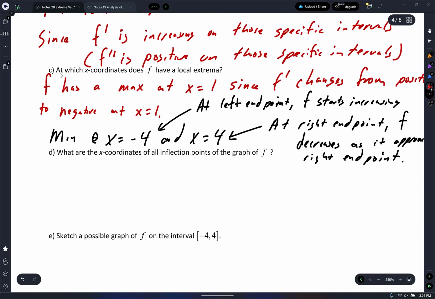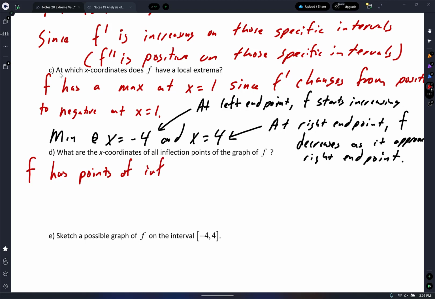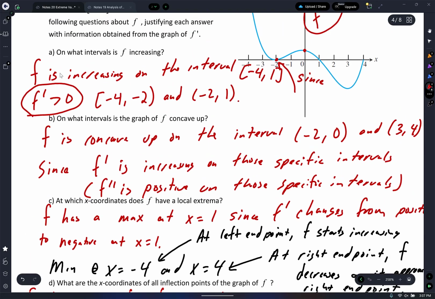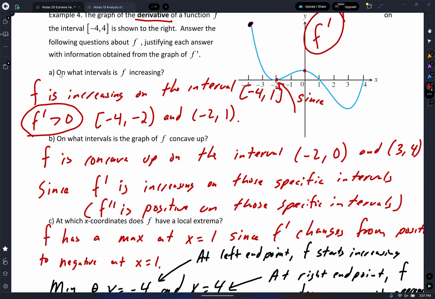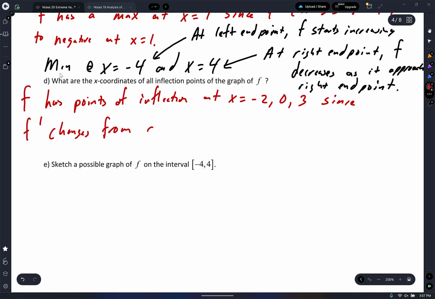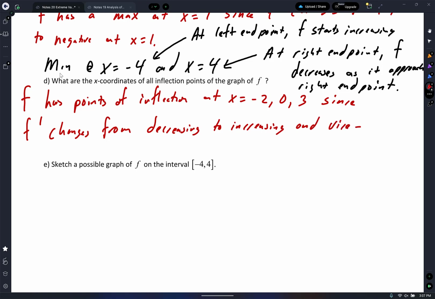So there it is, guys. You're going to say f has points of inflection at x equals negative 2, comma, 0, comma, and 3, since f prime changes from, and always take the first one that changes, left to right, from decreasing to increasing, and vice versa at those specific x values.